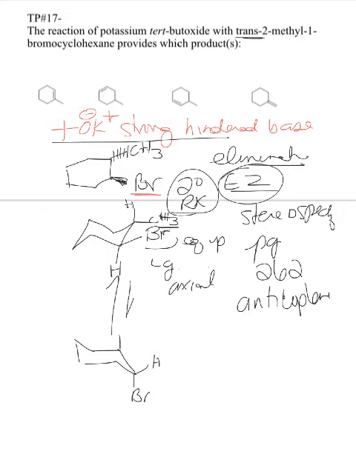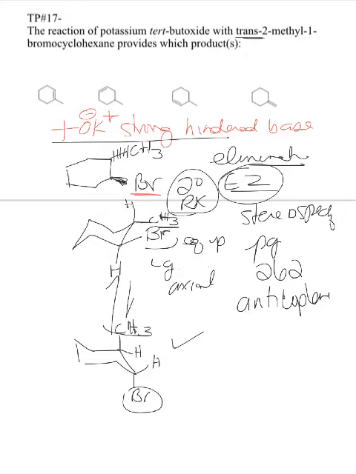So if these are trans, this is down, this is your methyl here, and then that would be down. So they're still trans, so you just check it. The methyl is up and the bromine is down, and now they're both axial because they were both equatorial.